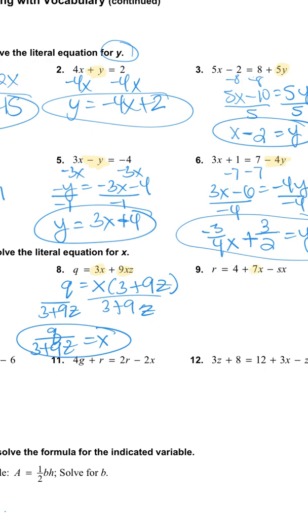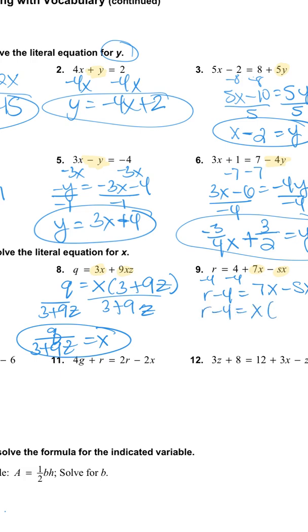Here, so very similar, we've got the 7x and then this sx. Remember that we are going to move the 4 first. So r minus 4 equals 7x minus sx. And so now we can undistribute this x here.